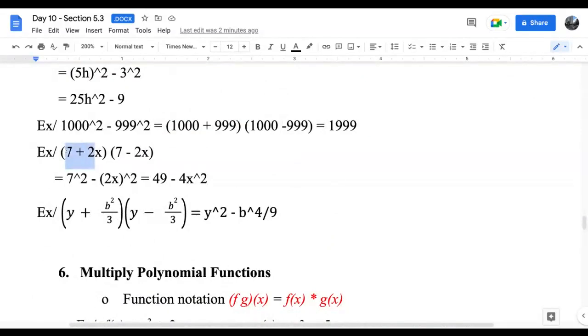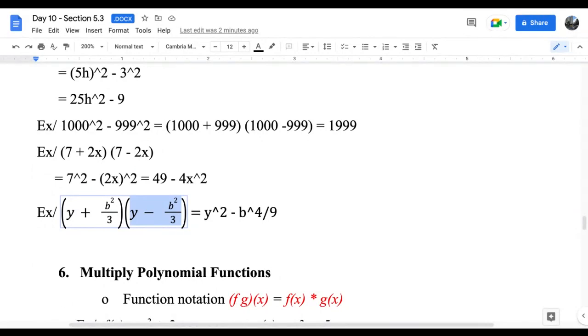Let's see this one. 7 plus 2x times 7 minus 2x. Right? We just get 7 squared minus 2x squared. Well, 7 squared is 49, minus 2x squared, which is 4x squared. Here we have y plus b squared over 3, times y minus b squared over 3.